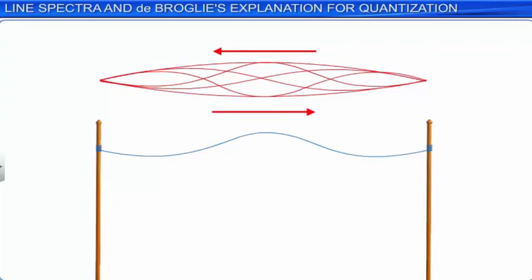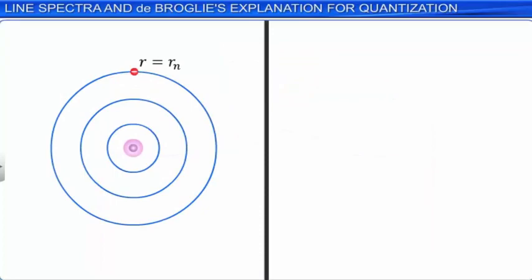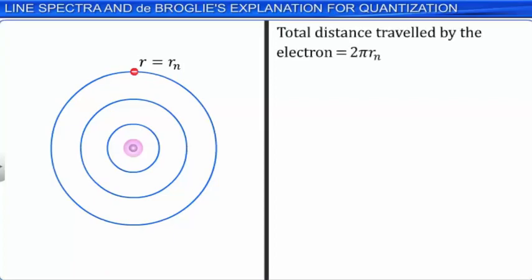Now, let us apply this concept to an electron in the nth circular orbit of radius rn. The total distance travelled by the electron is 2 pi rn. Hence, 2 pi rn is equal to n lambda, where n is equal to 1, 2, 3, and so on. Let this be equation 7.